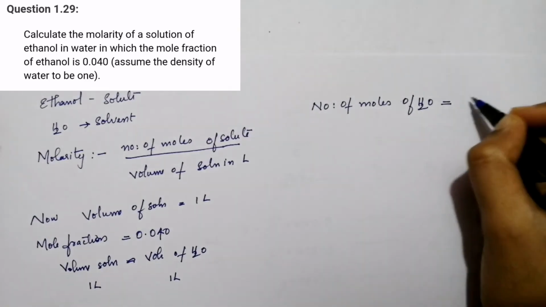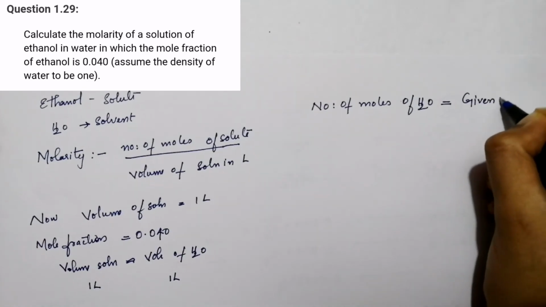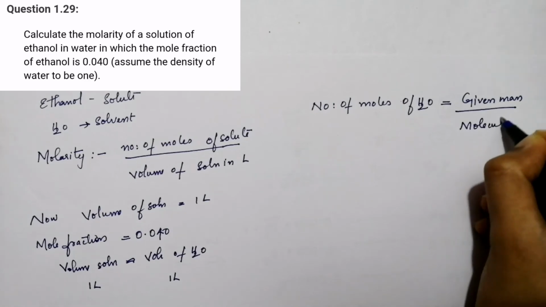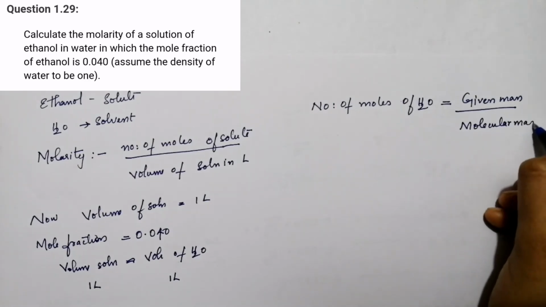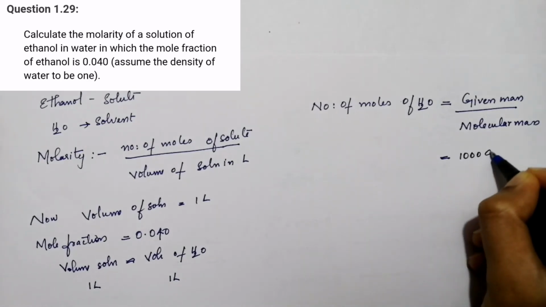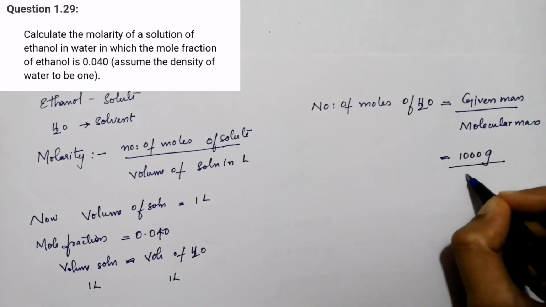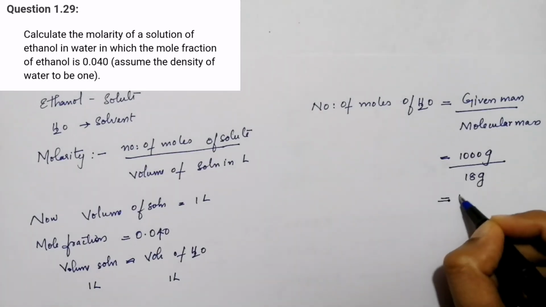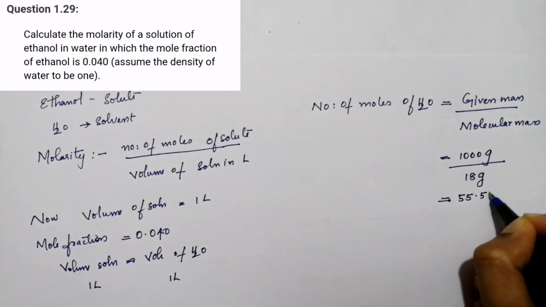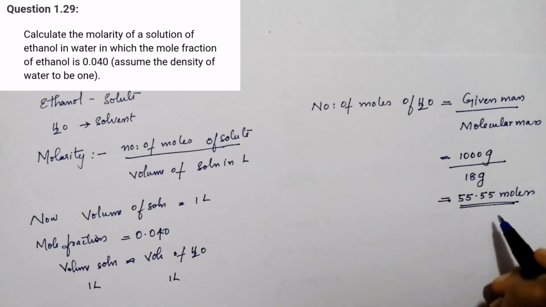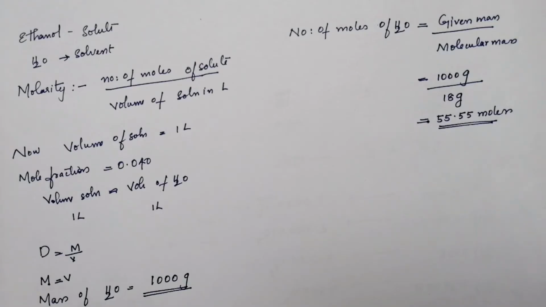We know that it is equal to the given mass upon molecular mass. Now let us substitute the values. We know that the given mass is 1000, which we have calculated, divided by molecular mass of H2O, it is 18 gram. Solving this, we get 55.55 moles. So this is the number of moles of H2O.